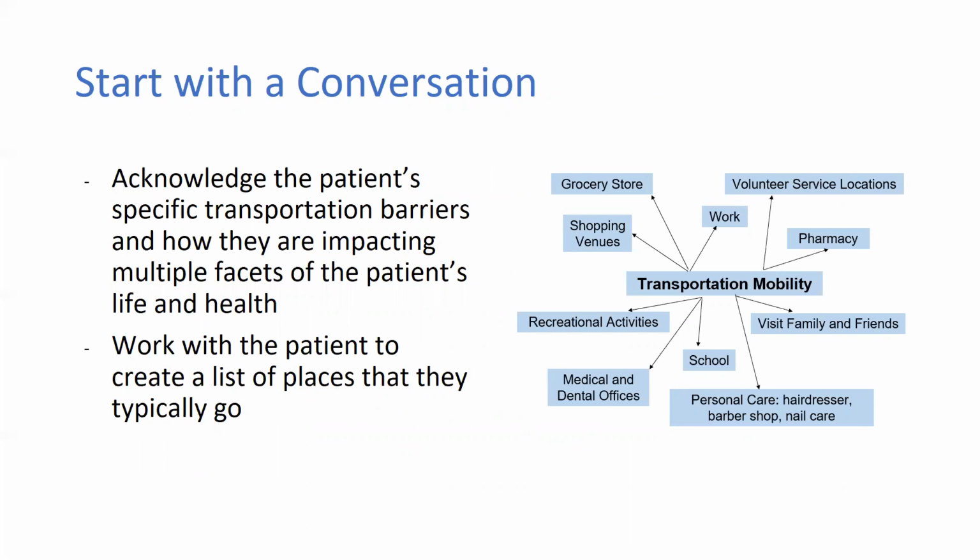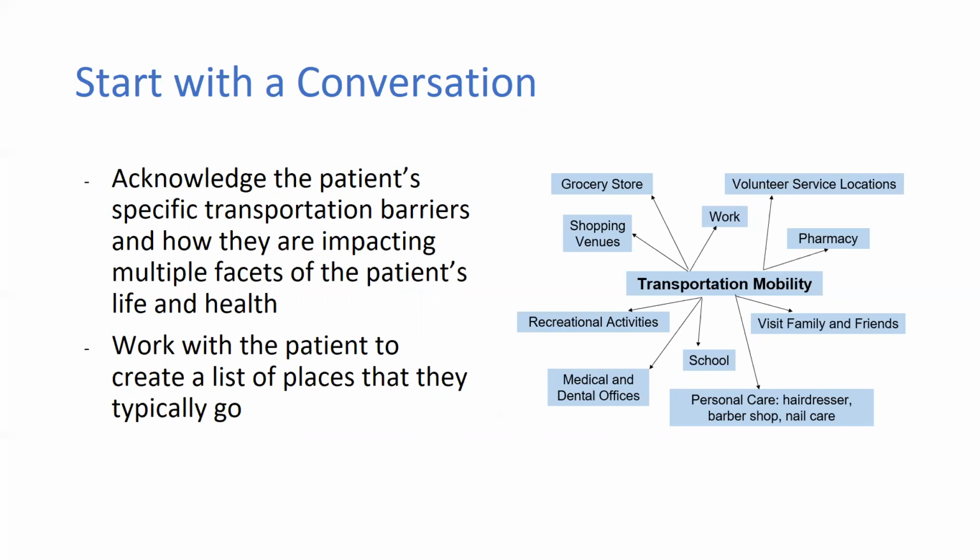So you're going to want to acknowledge the patient's barriers that you've determined and really speak with them about how they're impacting the patient's life and health and why together you two should figure out how we can get around these and how we can better their ability to move and their ability to get where they need to go.